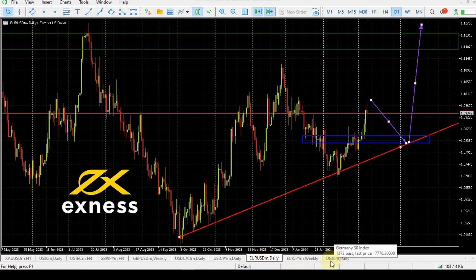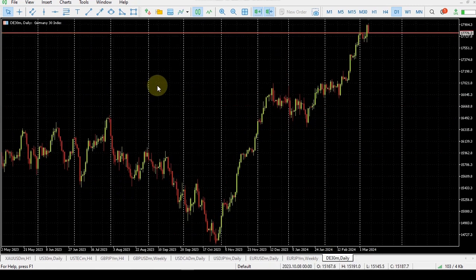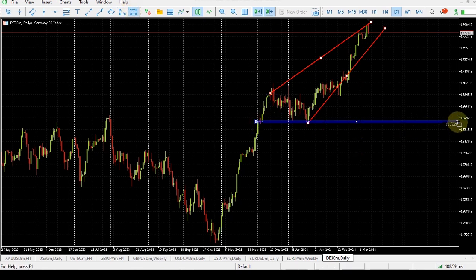Then let's look at US30. From the US30, this is a rising wedge. I'm seeing it coming down, dropping probably to this particular zone.